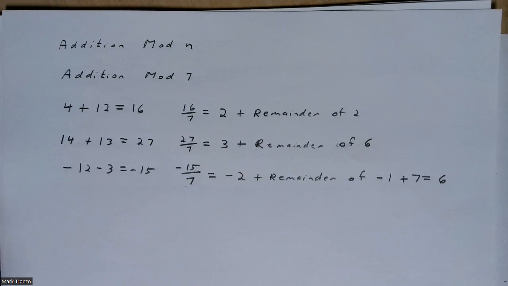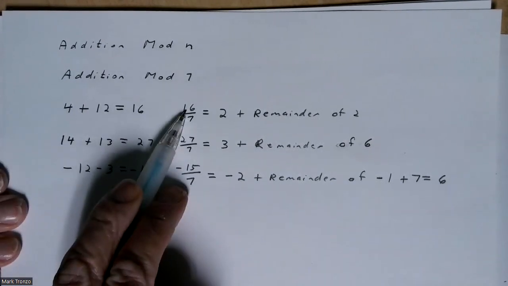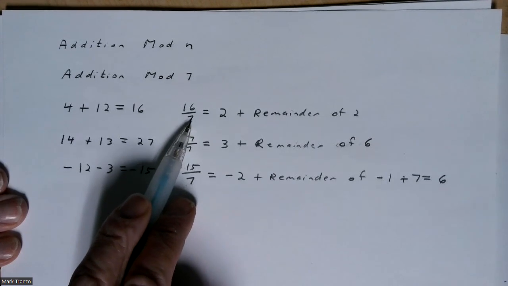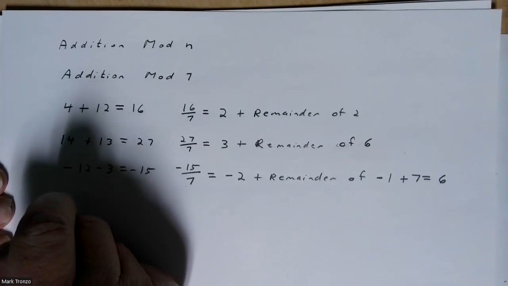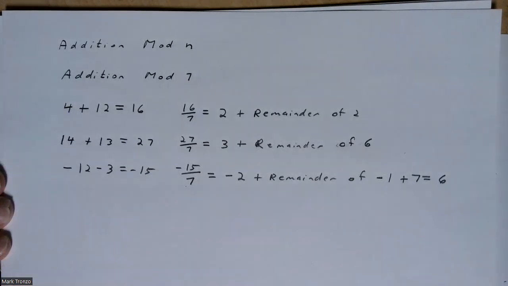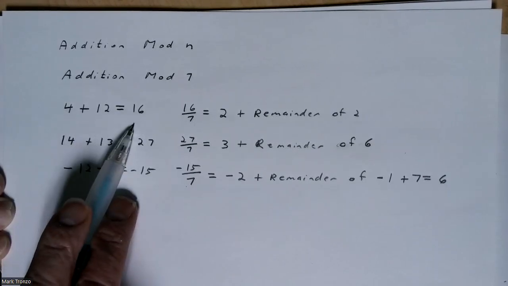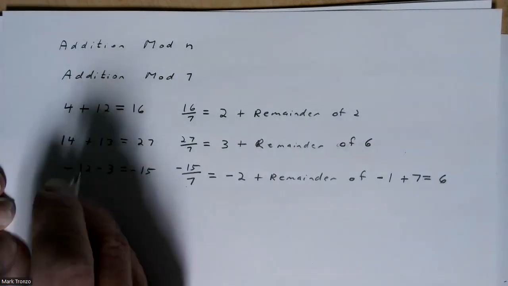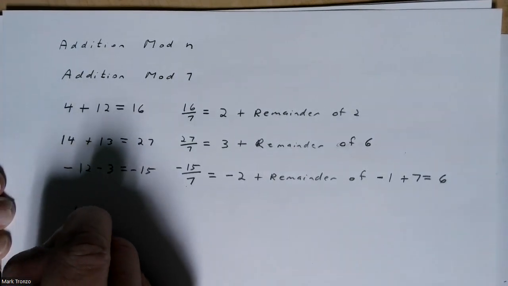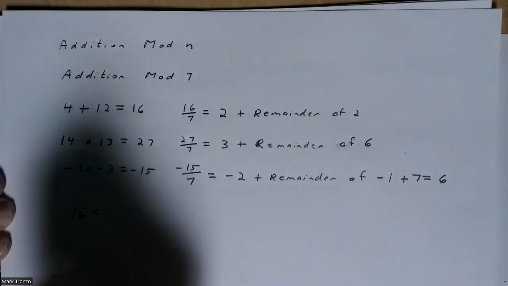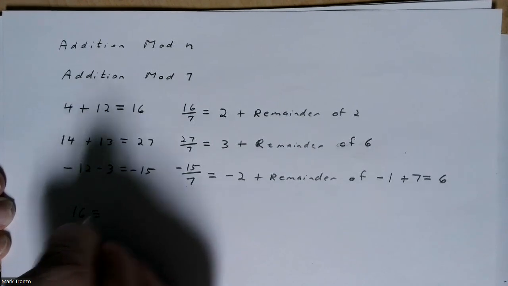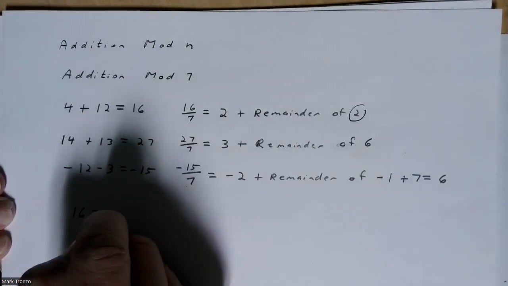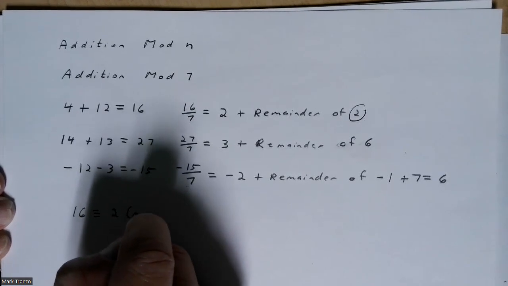So in other words, let me rewrite these in a different way. Looking at this first line here for 16, 16 is equal to, and sometimes they'll put a third bar to emphasize this, 16 is equal to 2 mod 7.